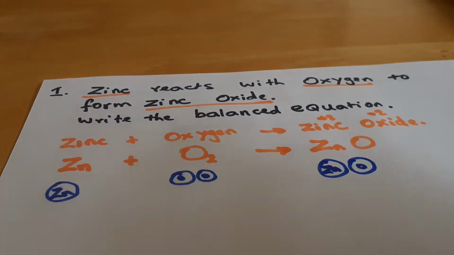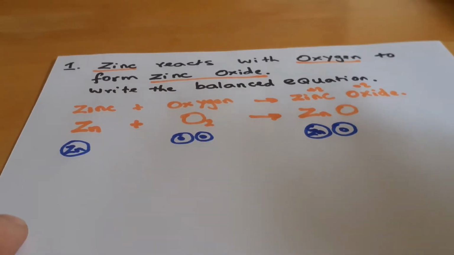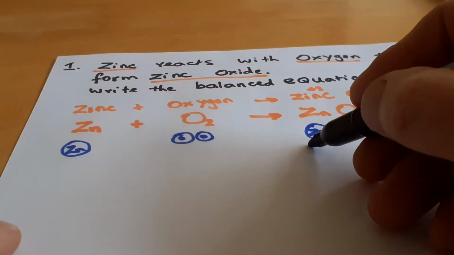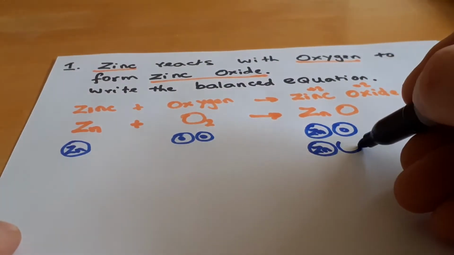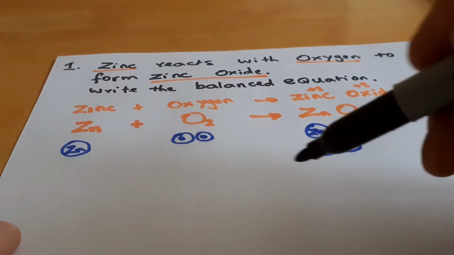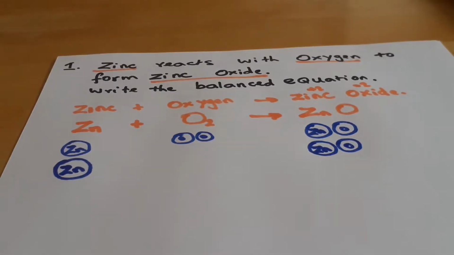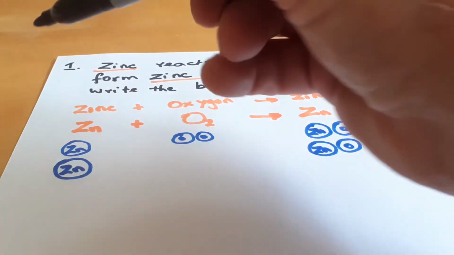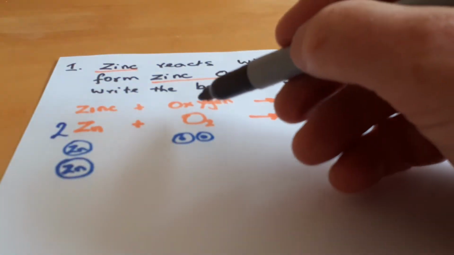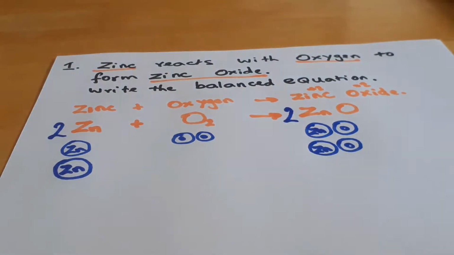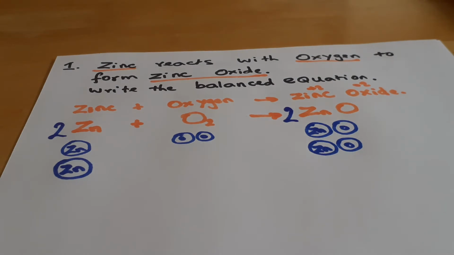Now, normally I say always leave the oxygens to last, because if you balance everything else, it'll all fall into place. But it's quite obvious here, we've got two oxygens here, but we've only got one here. So we need another zinc oxide. Now, we've now got two zincs here and only one here, so we need another zinc. So in terms of balancing, we've got 2 zincs react with one oxygen molecule to give you 2 lots of zinc oxide. So that equation is balanced.